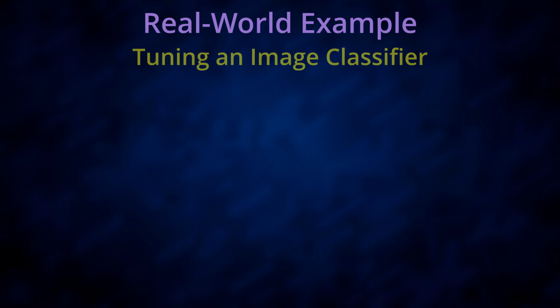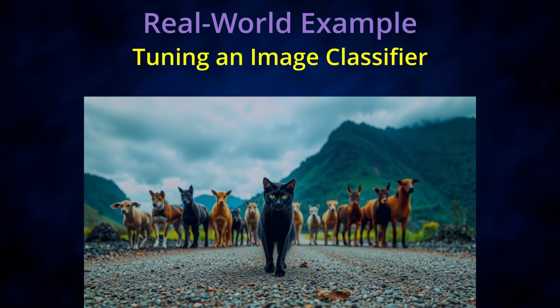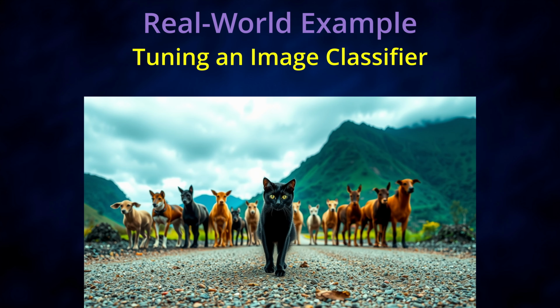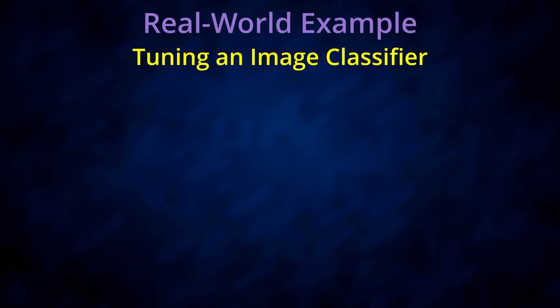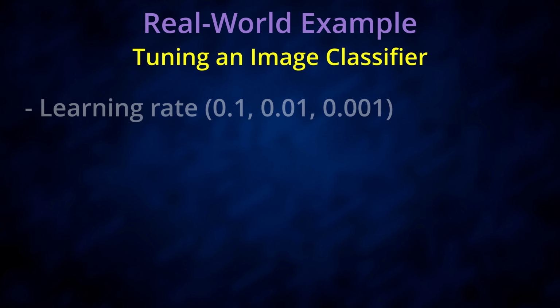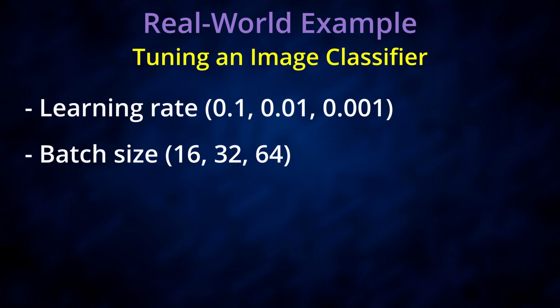Real-world example: tuning an image classifier. Scenario: you want to classify images of dogs versus cats. Key hyperparameters tried: learning rate 0.1, 0.01, 0.001. Batch size 16, 32, 64.